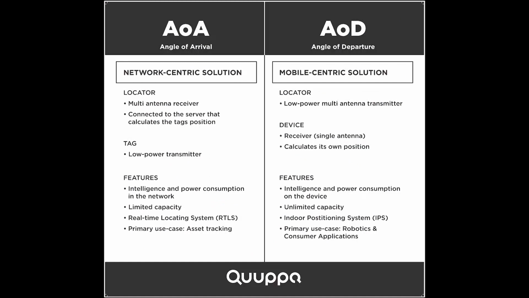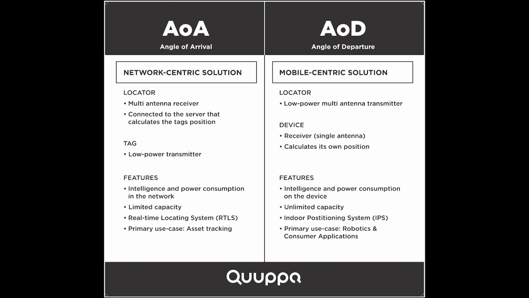This is massively important because there is no capacity limit. So you could have, similarly to GPS, an unlimited number of devices within the same area, everyone computing his own positioning, and at the same time the phone will own its own data because it doesn't need to share it with the network, which means an inherent protection for security similar to what you have for every mobile device nowadays.